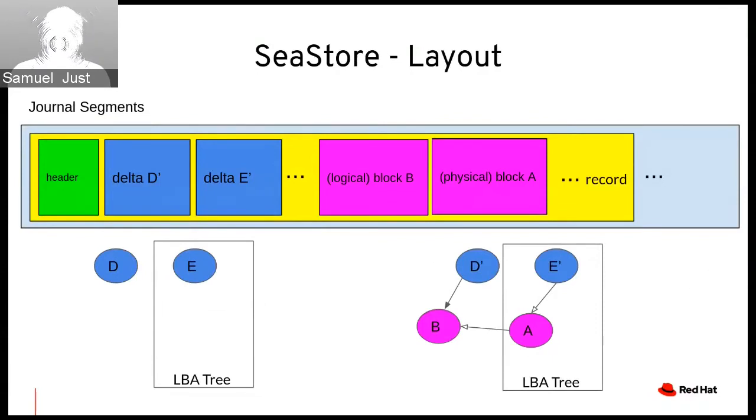So here, new blocks B and A get written, and they're in magenta here, with A being part of the LBA tree. And D prime and E prime are the new representations for the D and E extents after these two deltas are applied. So this structure allows us to atomically mutate existing extents, as well as write new ones.